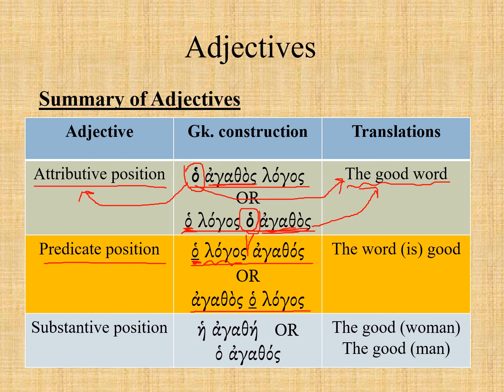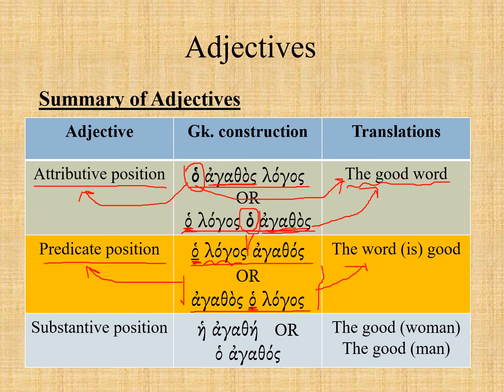And either way, the word order is there's an article in front of the noun, but there is no article in front of the adjective. So that's why both of these are analyzed as having the predicate adjective. Therefore, we translate the word is good.